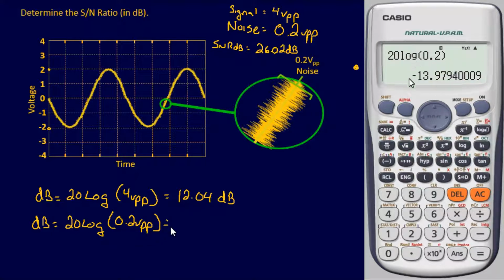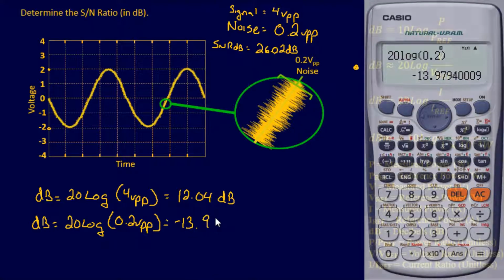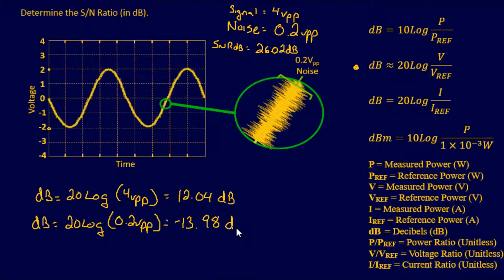And same thing, plug and chug. It's going to give us negative 13.98 decibels, we'll round. So if you're going to equate this to a graph, you could say your signal's up here, which is 12.04 decibels, and your noise is down here at negative 13.98 decibels. And we'll say this is 0.